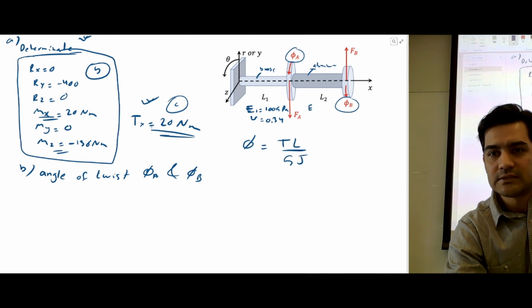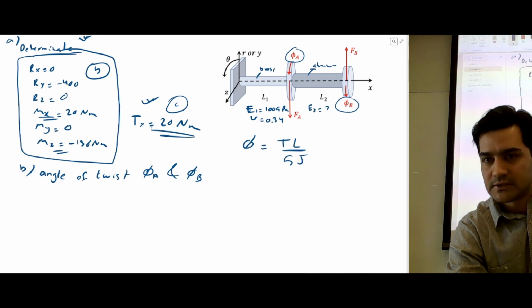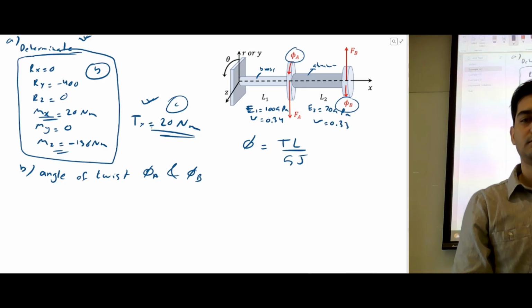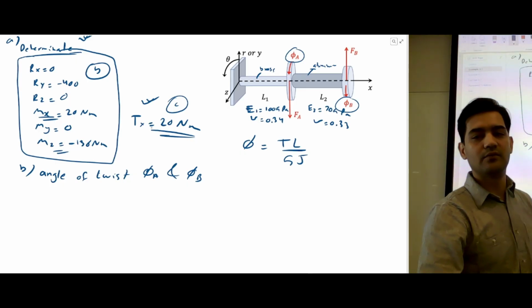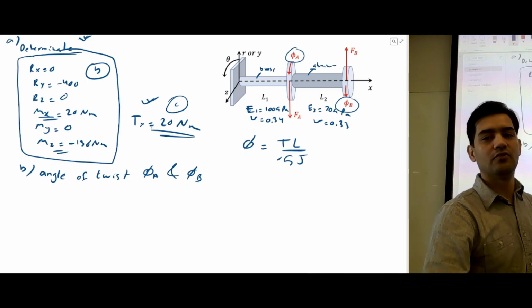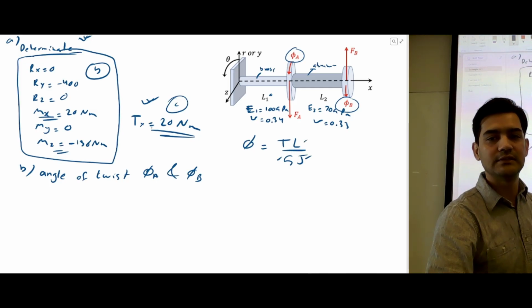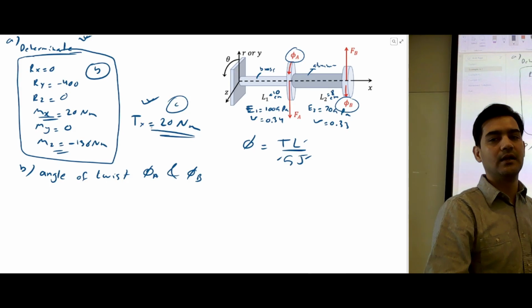The modulus of elasticity for aluminium was 70 gigapascals, and the Poisson ratio was 0.33. So if we know these values, we can calculate G. If we know the diameter, we can calculate J. We already know the length. This length is 10 centimeter. This length is 8 centimeter. So we can calculate the angle of twist.